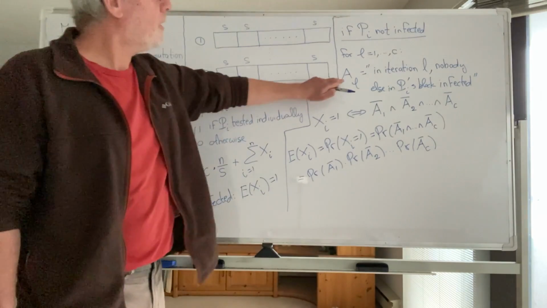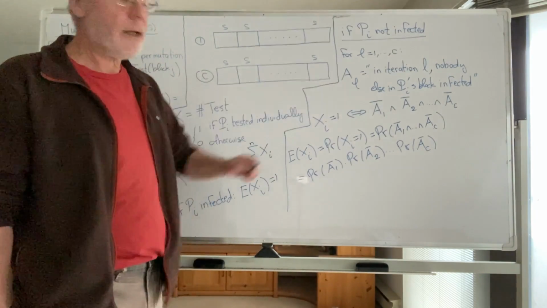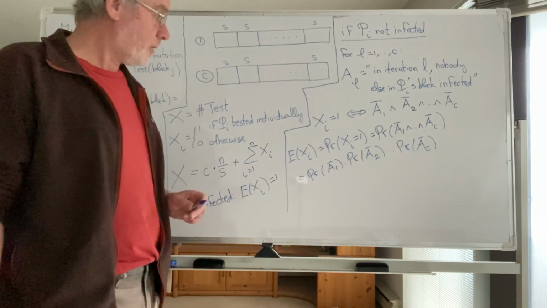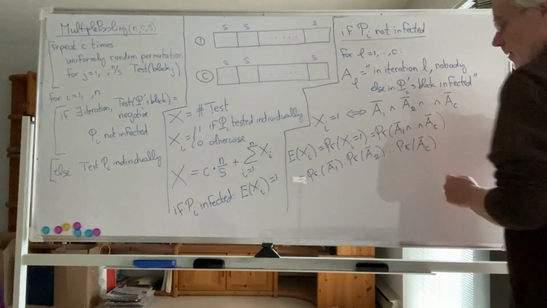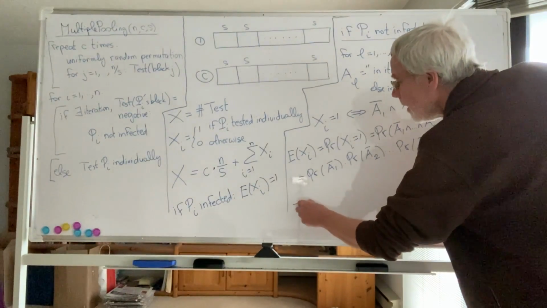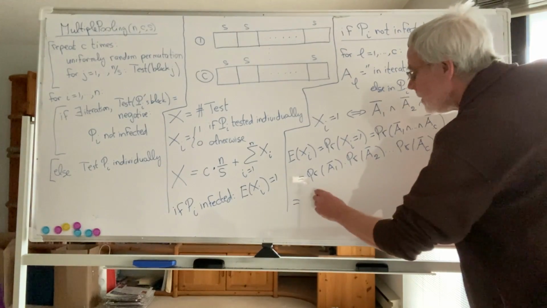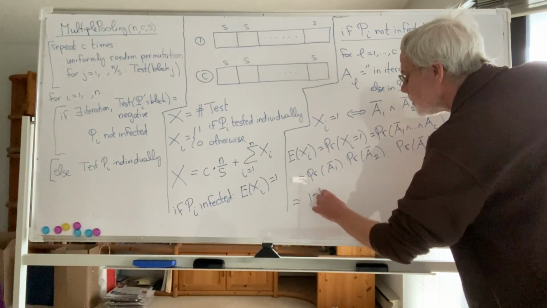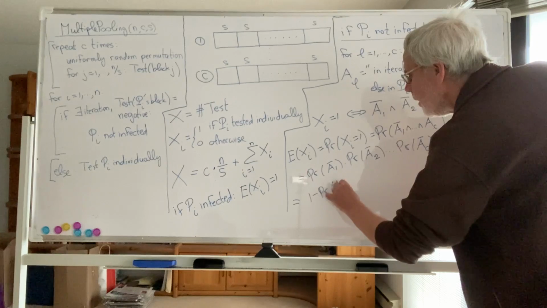So we know the probabilities of the ALs. And we want the probabilities of the complements, but of course this is just probability of A1 complement is 1 minus probability of A1.